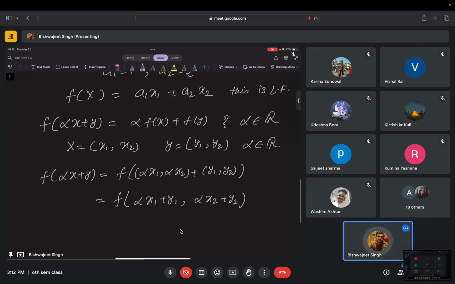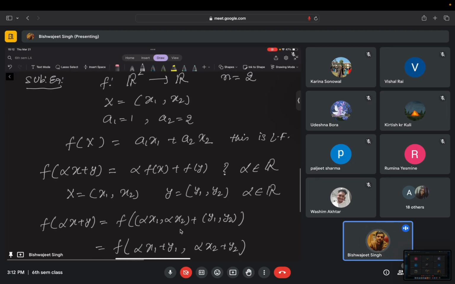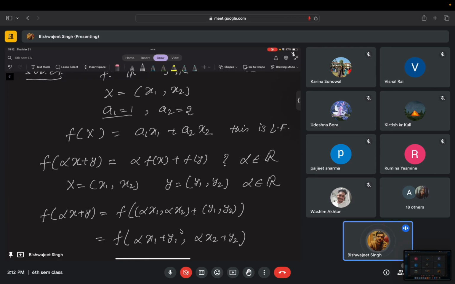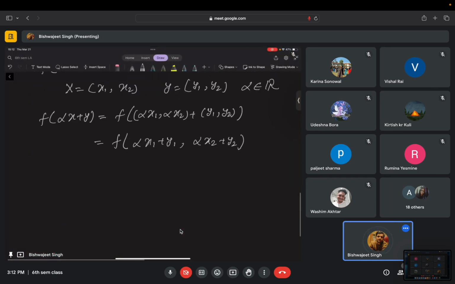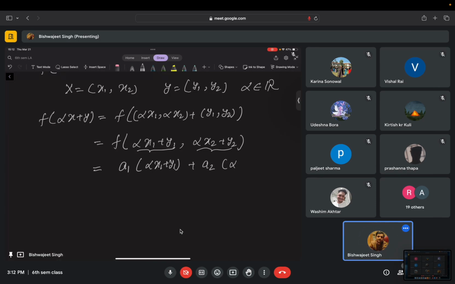But how have I defined my function? For any f of x, our a1 is equal to 1 and a2 is equal to 2. So this is equal to a1 times, now this first vector is my x1 and this is my x2. So a1 times x1, that is alpha x1 plus y1, plus a2 times alpha x2 plus y2.